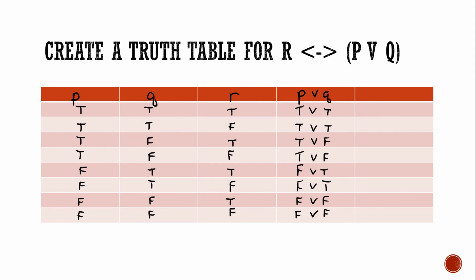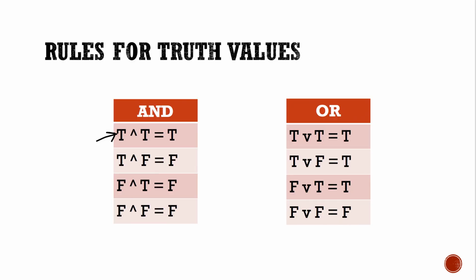Now I need to figure out what each of these is equal to. So these are my or statements. Okay, so if you think about your or statements and you think about your or chart, okay, so here's my or chart.